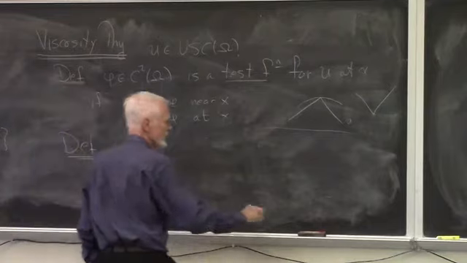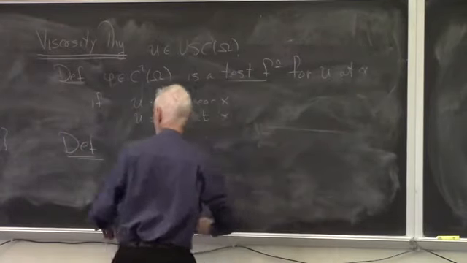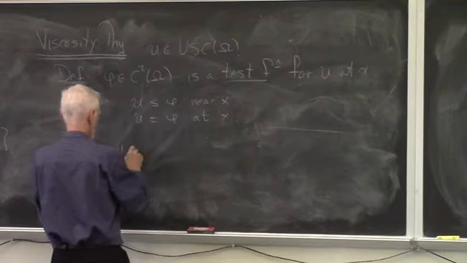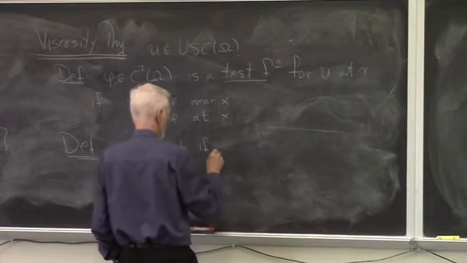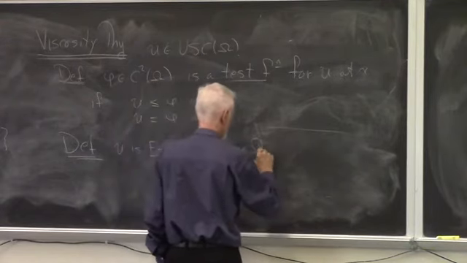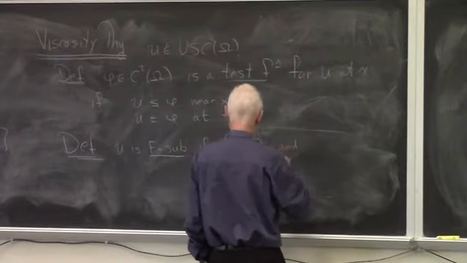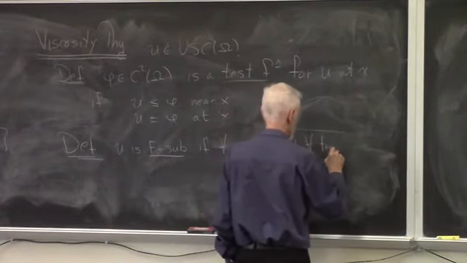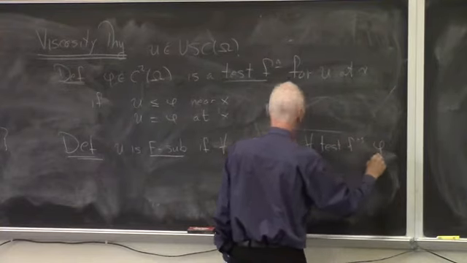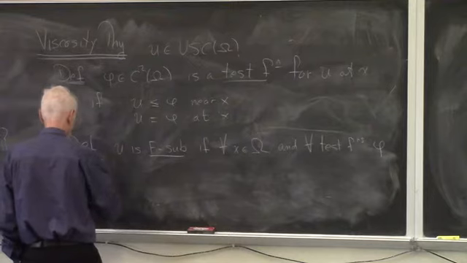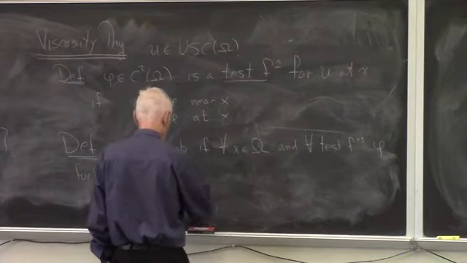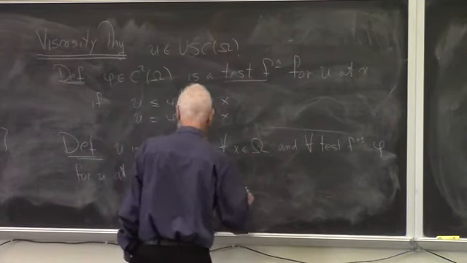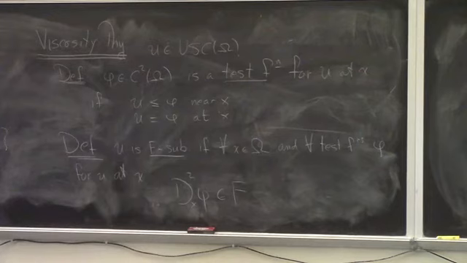But nevertheless, we then say that u is F subharmonic on the domain if for all points in the domain, and for all test functions phi for u at this point x, the second derivative of the test function is in F. So all the test functions have to have their Hessians in this constraint set.